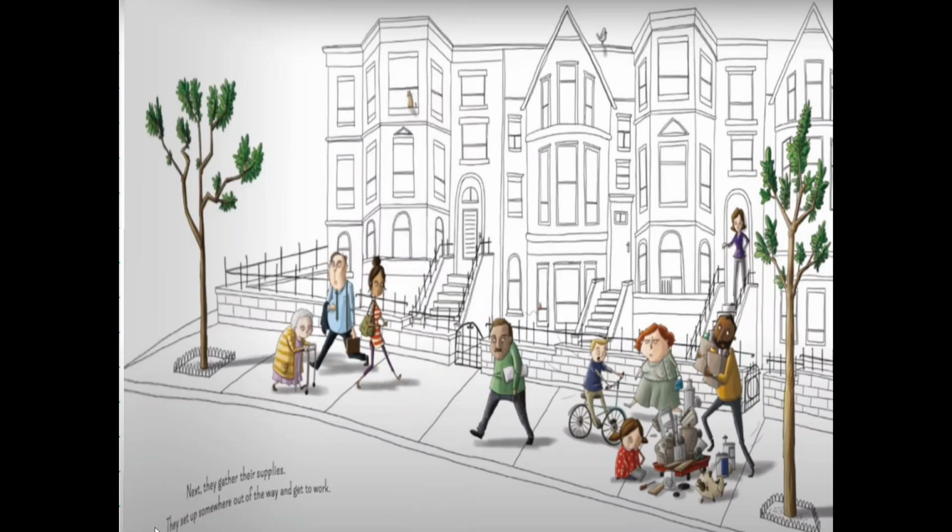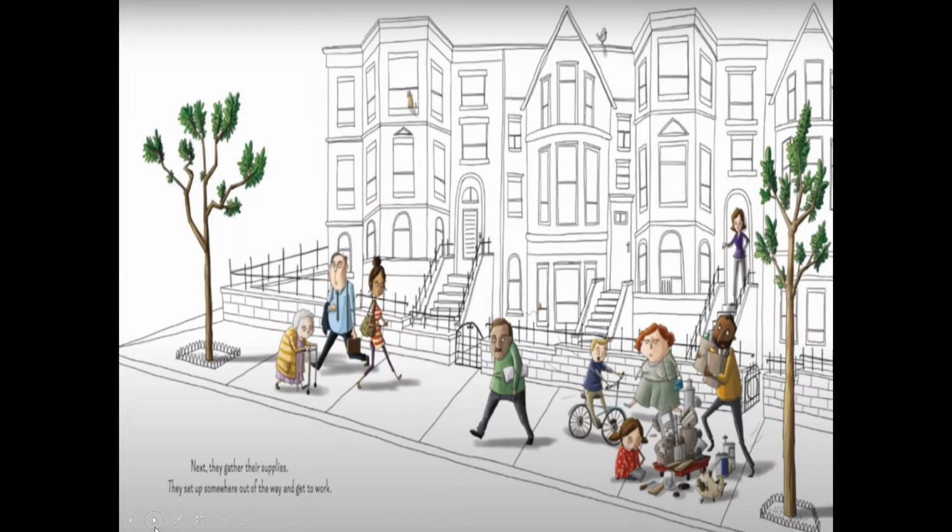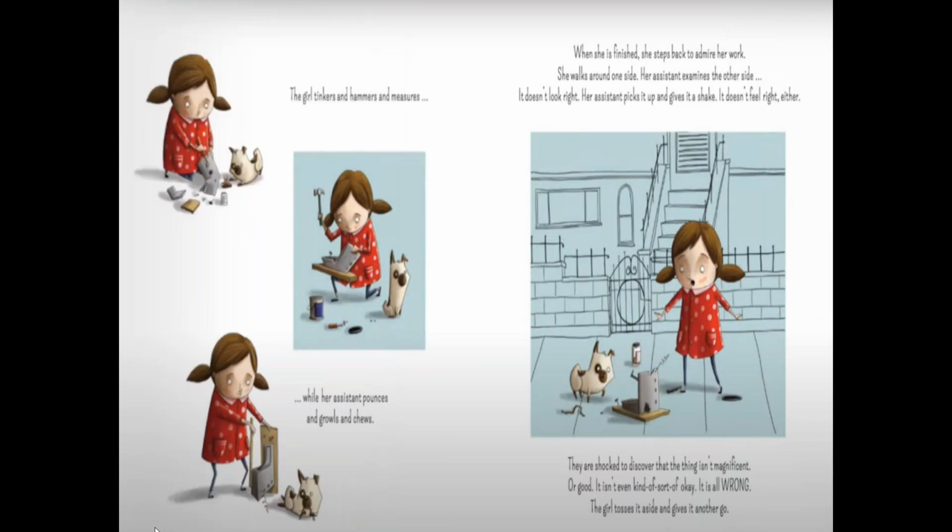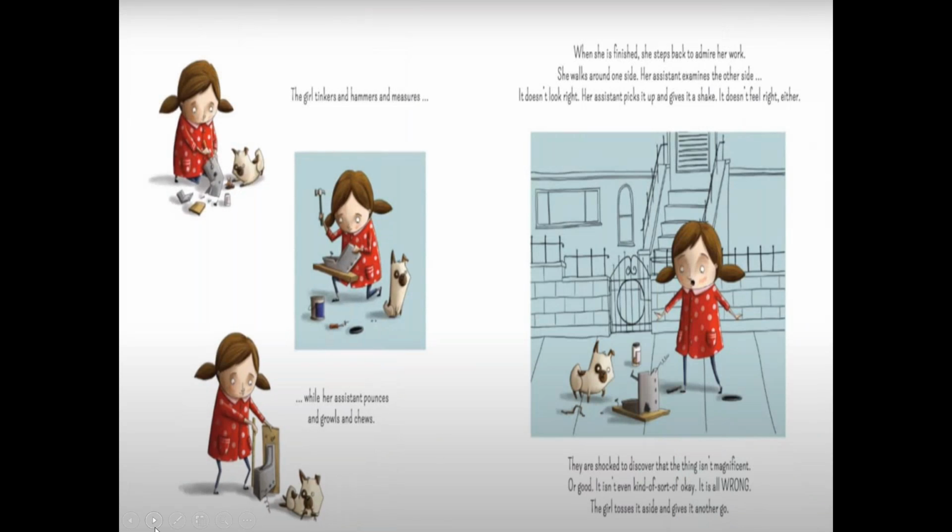First, she hires an assistant. Next, they gather their supplies. They set up somewhere out of the way and get to work. The girl tinkers and hammers and measures while her assistant pounces and growls and chews. When she is finished, she steps back to admire her work.